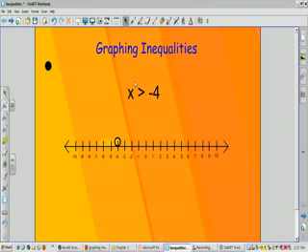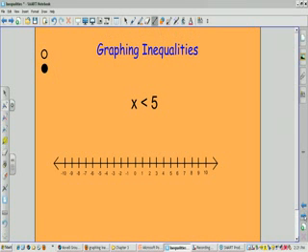We want to show everything that's greater than -4, but we're not including -4, and that's why we're leaving it open. So we'll draw a line to shade in, and at the end of it, we'll draw an arrow. And that would be a nice looking graph for x is greater than -4. It shows everything greater than -4, -2, -1, whatever.